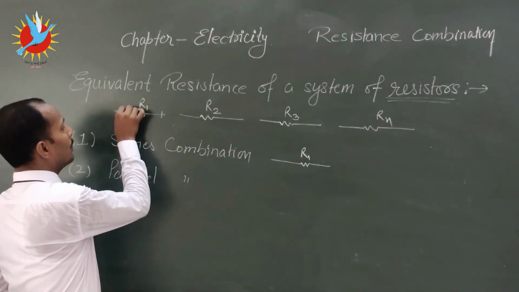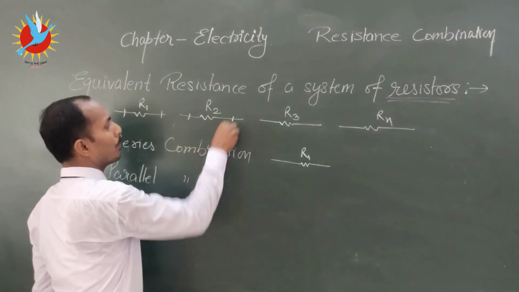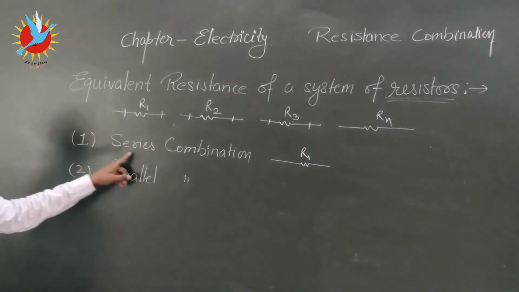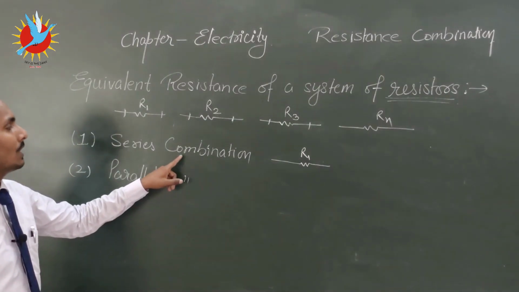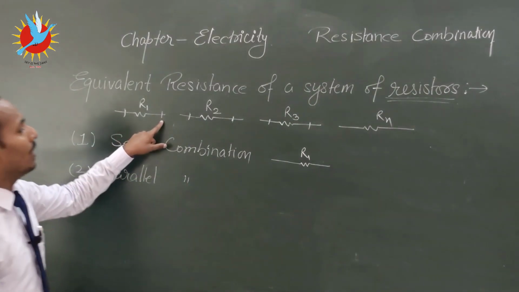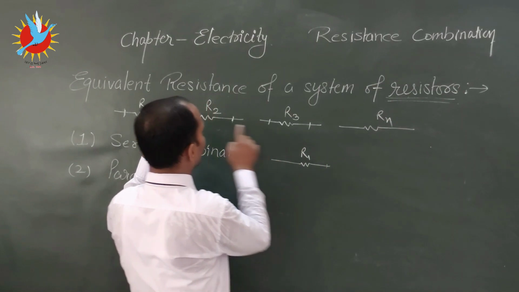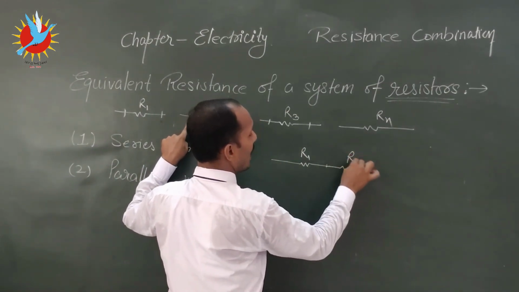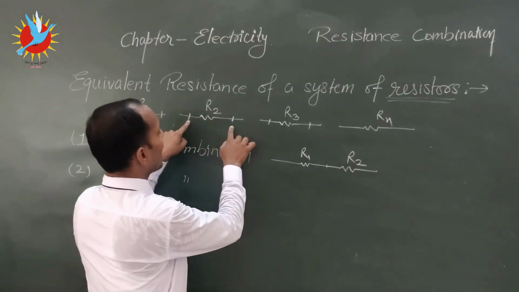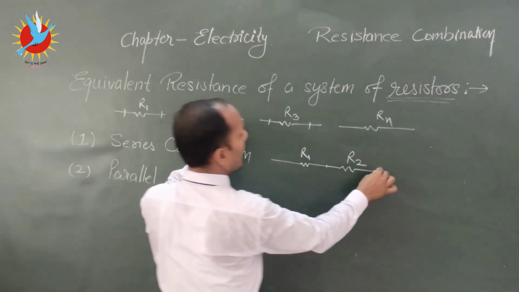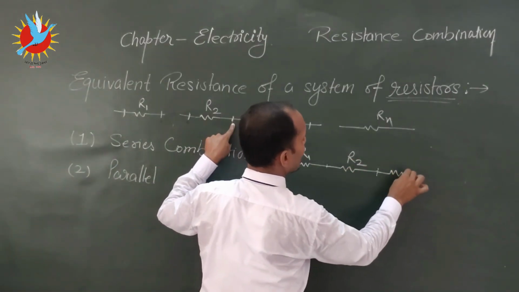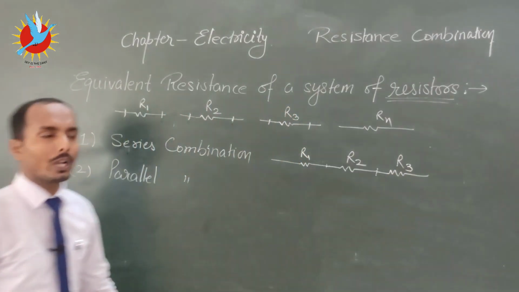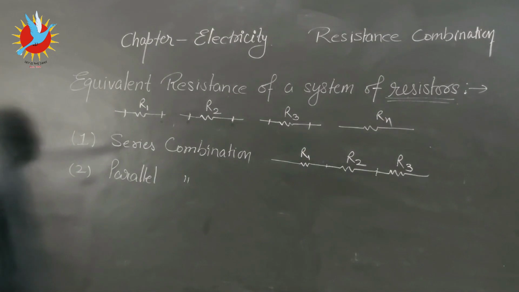The end of one resistor is connected with the other end of the next resistor, and that is connected with another resistor. This combination is known as series combination.